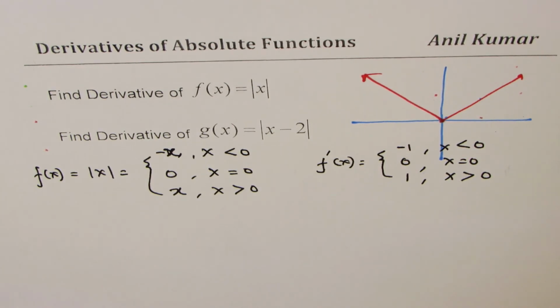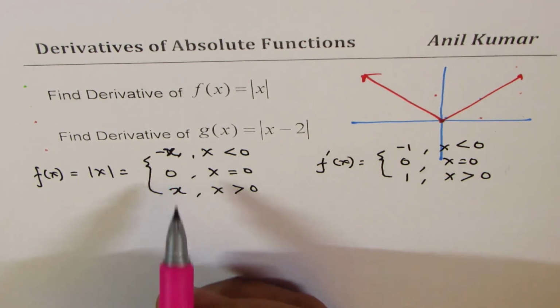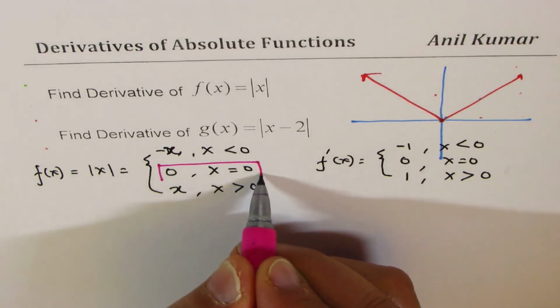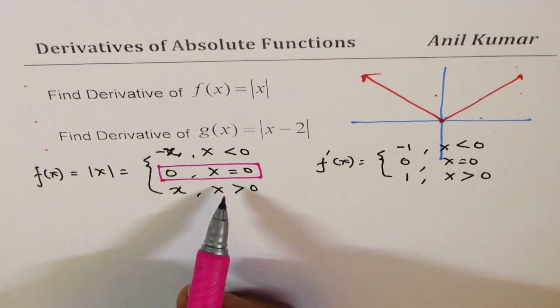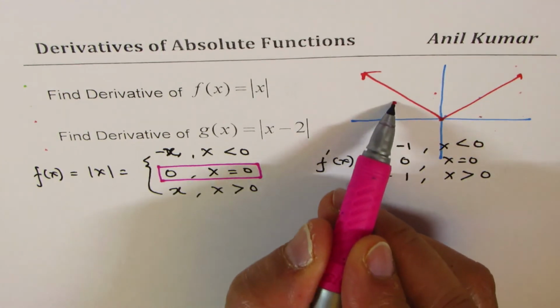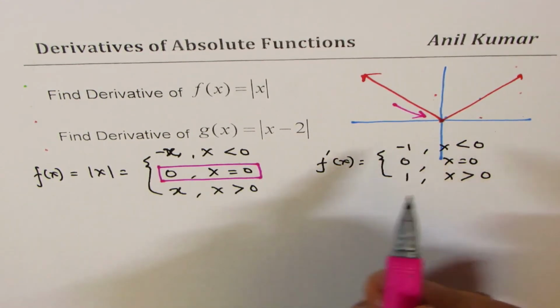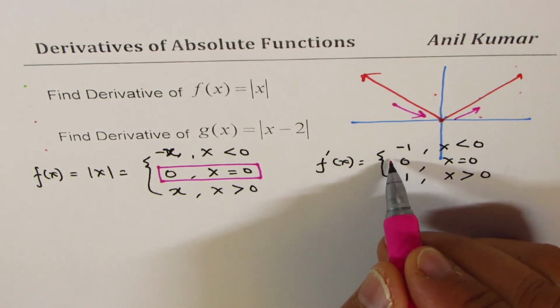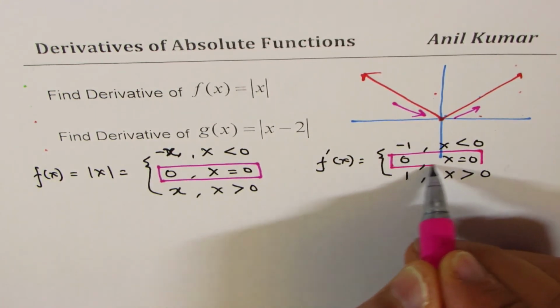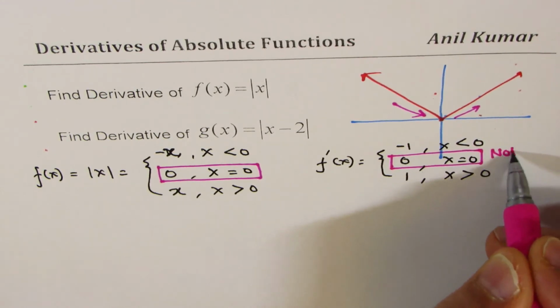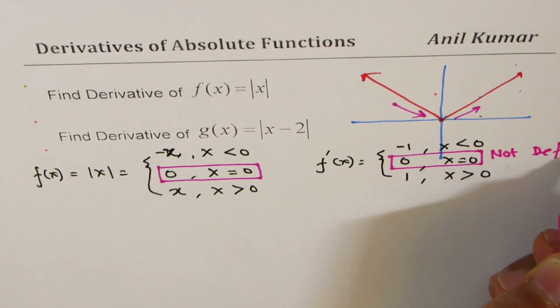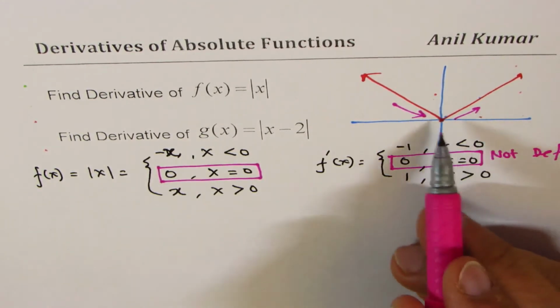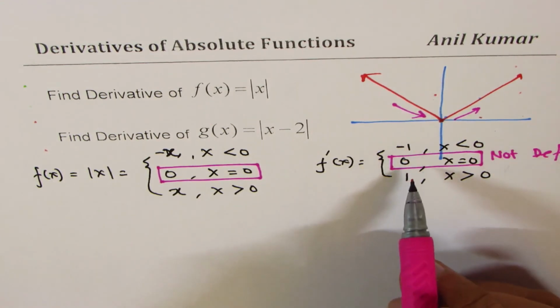But really speaking, what happens is that if you look for the derivative at 0, then what do you see? If you are approaching from this side, it is negative, right? But from this side, it is positive. So we say, well, this particular part is not defined, as approaching from different sides, you get different values.